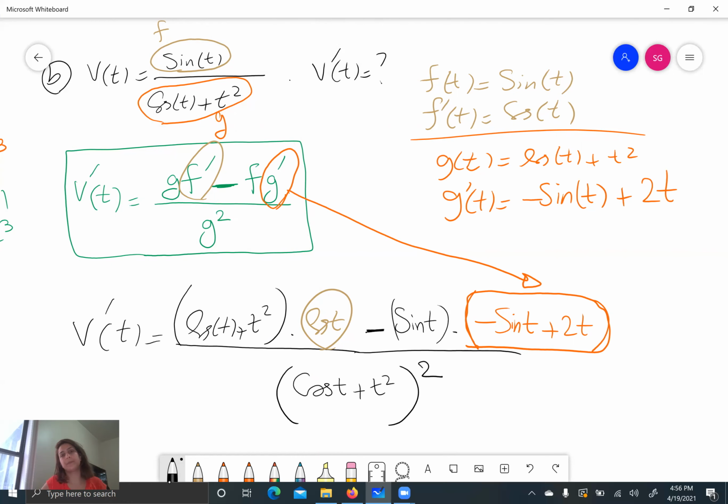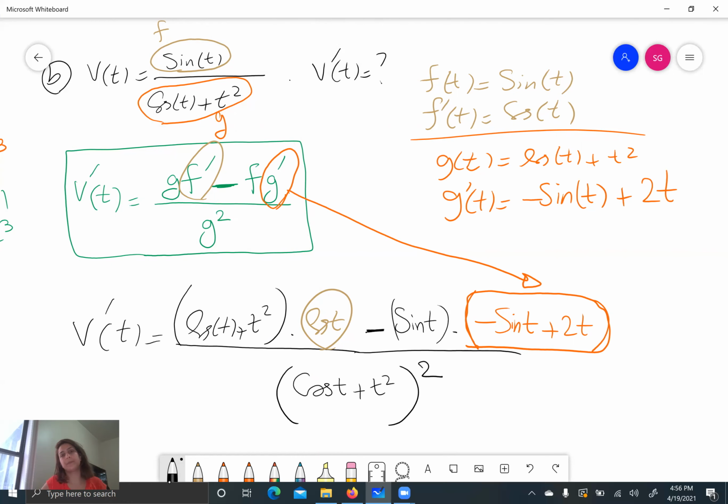Because we have the summation of two functions, apply the sum rule.